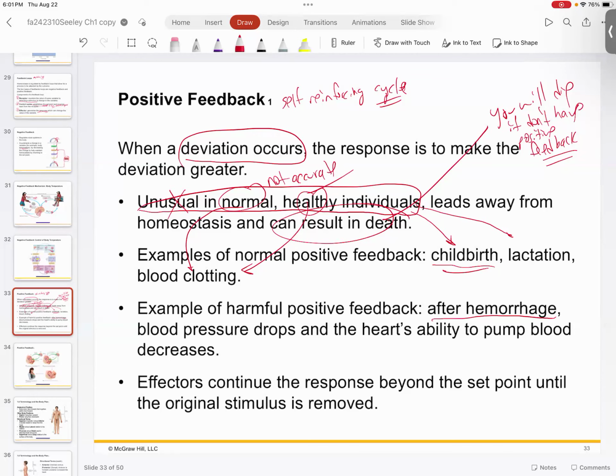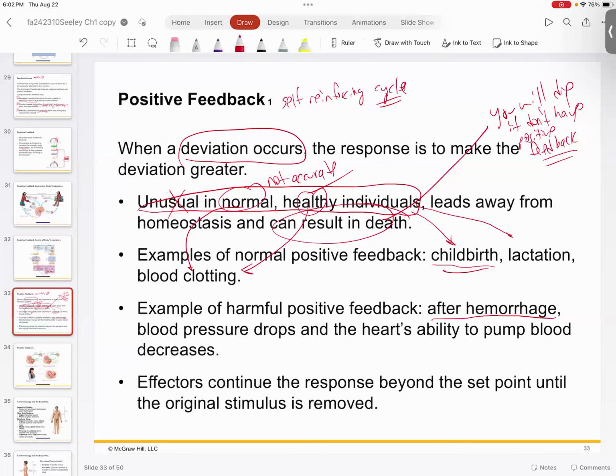The more you hemorrhage, the more you try to fix it. The more you try to fix it, the more you hemorrhage. It's a self-reinforcing loop, which is the reason why hemorrhages are very dangerous and you bleed out very quickly, especially if you injure one of the major arteries like the femoral artery or any point of your aorta.